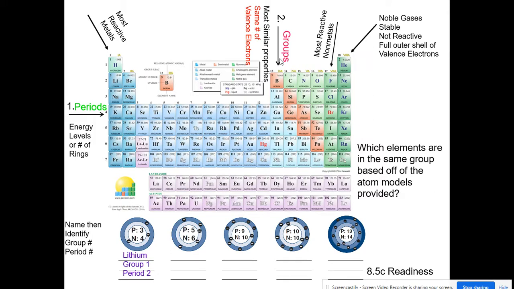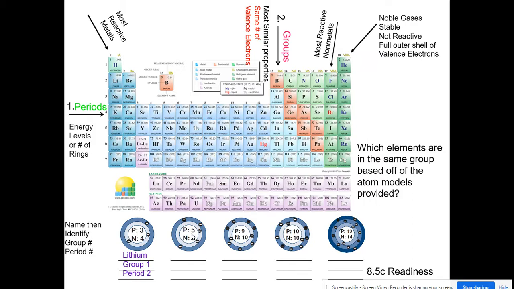Name the identity, group, and period. Lithium is in group 1, period 2. What about this element? It has five protons and six neutrons. Remember, protons determine the identity of the element, so you can use the number of protons to find the atomic number because it's the same.